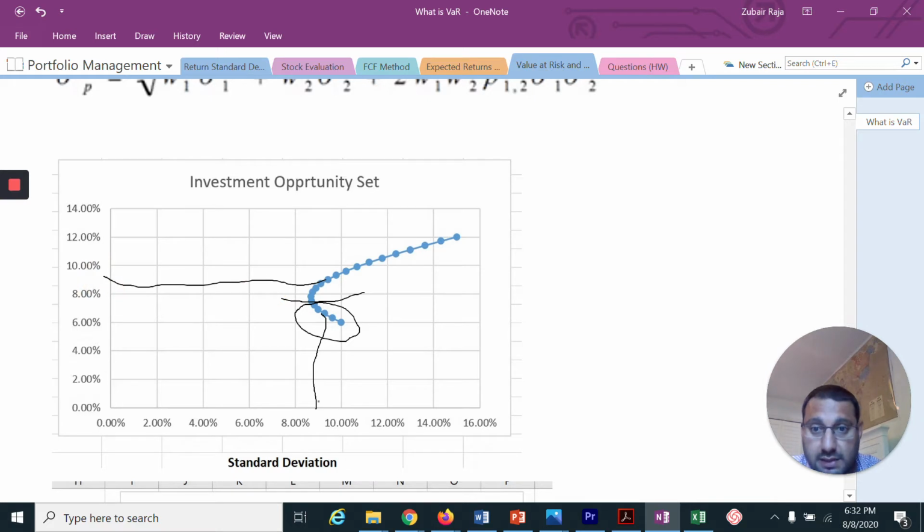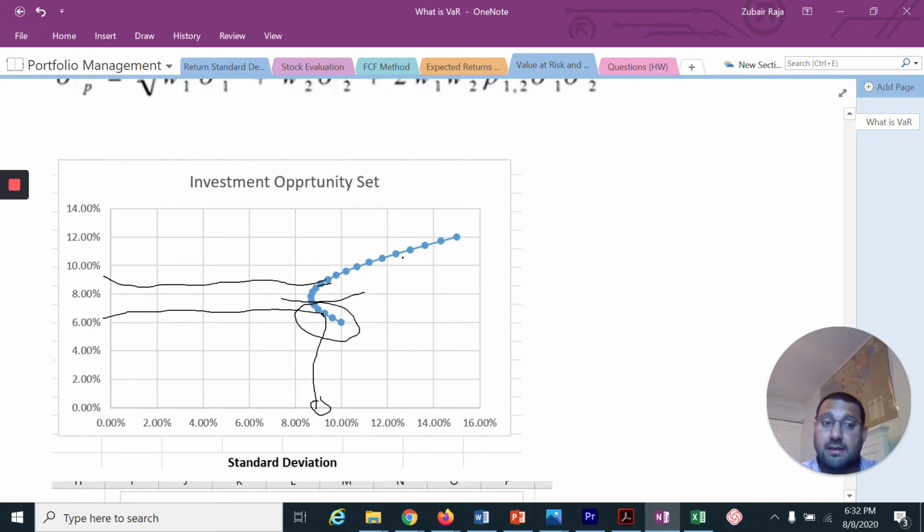Then why, with the same risk level, would you want to get this much return? So these are not desirable at all, right? So you want to invest in portfolios somewhere on this line, because for the given risk level we have the highest return lying over here, right?